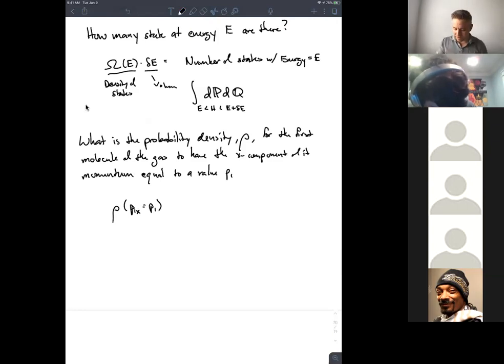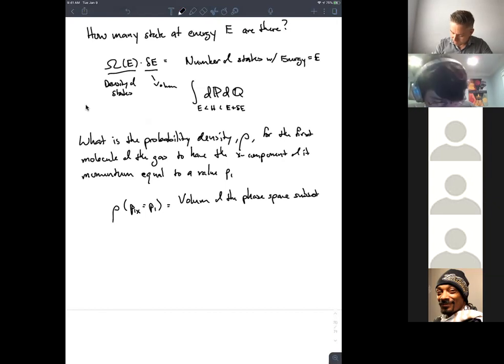And we showed how, since every state within this phase space has equal probability because they're all at the same energy, this is just the volume of the phase space subset with P1x equal to P1.